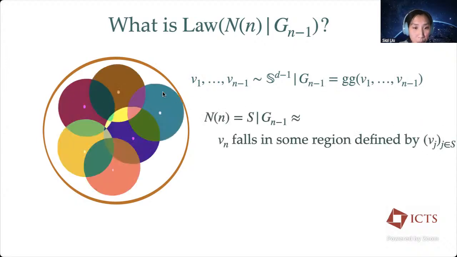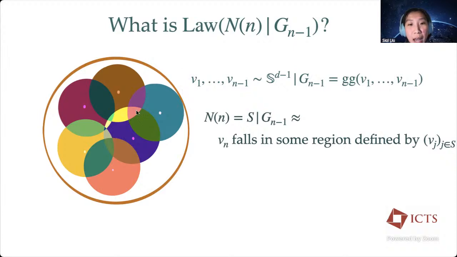And after that, we can draw a sphere cap around each of these vertices v_j. The sphere cap has radius like square root of 1 minus 2 tau, which essentially means that if a point lands in the sphere cap, then it will have an edge connecting to the vertex corresponding to the center of the sphere cap.